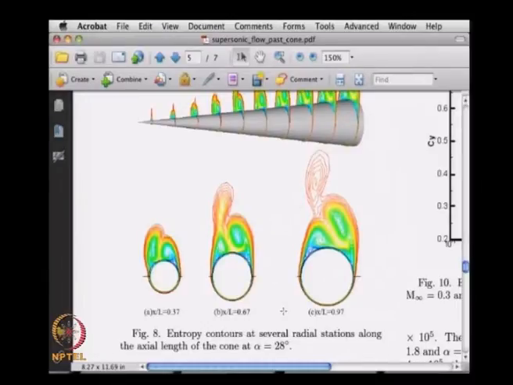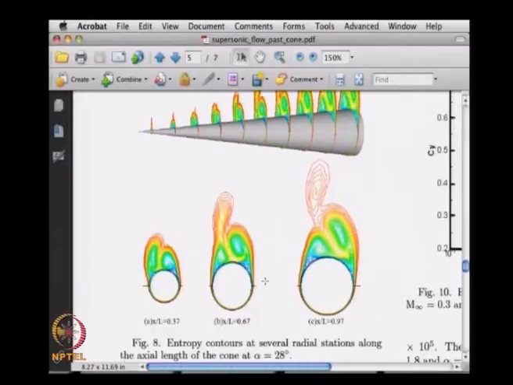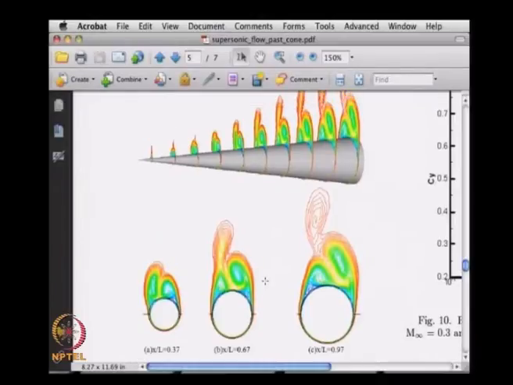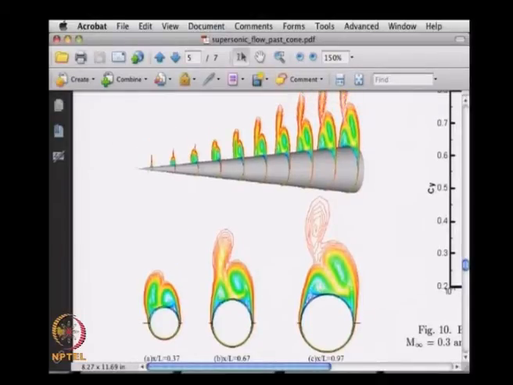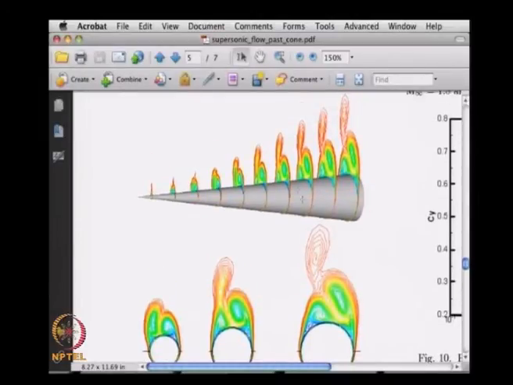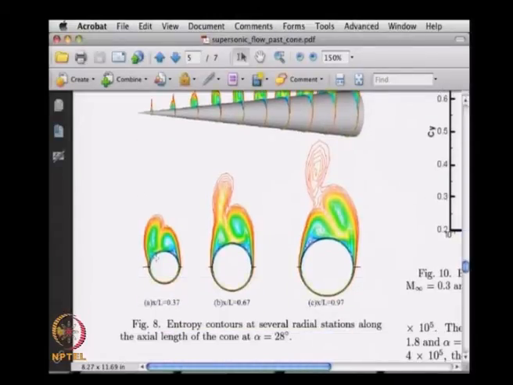We are looking at the entropy values moving along the length of the cone, which is what is shown over here. So if you move along the length of the cone, you can see how the entropy is varying. Three sections are given here for a further look.